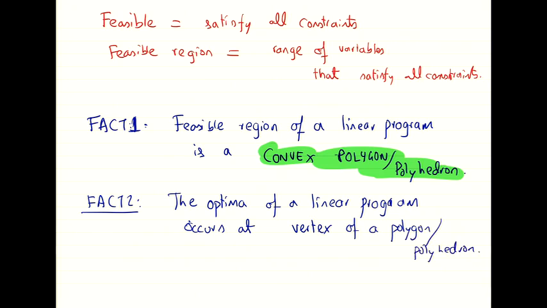Note that I'm not saying that every optimum is at the corner, but there are optimal solutions which are at the corners of the polyhedron.